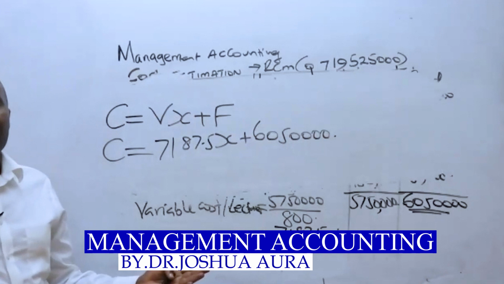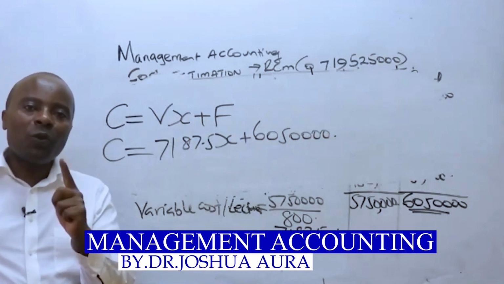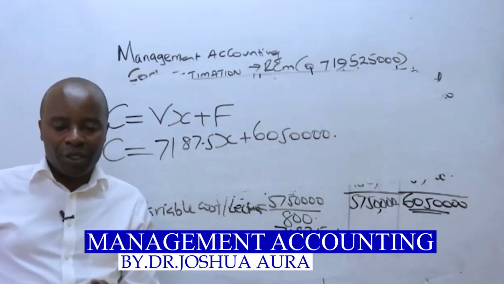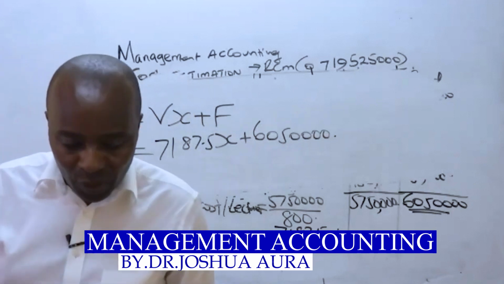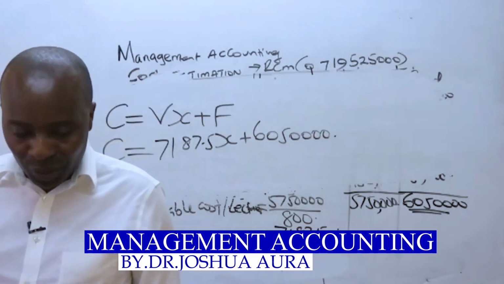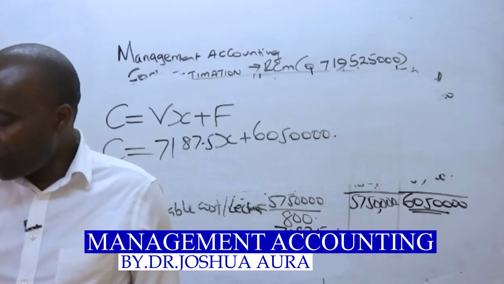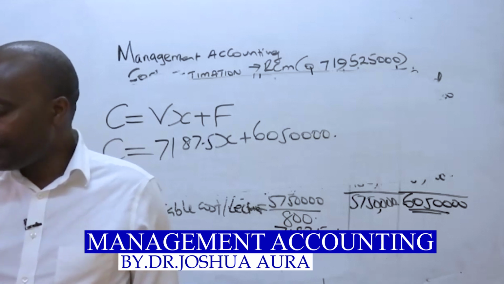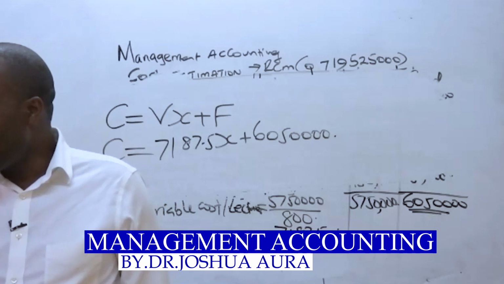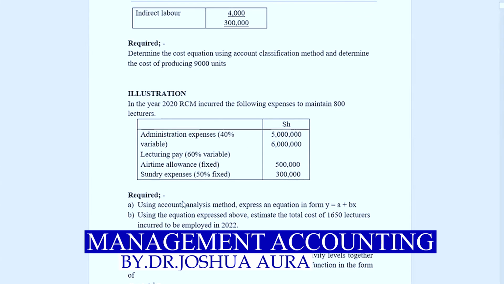So now we are through with this particular equation. After that, we go to the question. What are we told here in the question? Part B. Using the equation expressed above, estimate the total cost of 1650 lecturers to be employed in 2022.